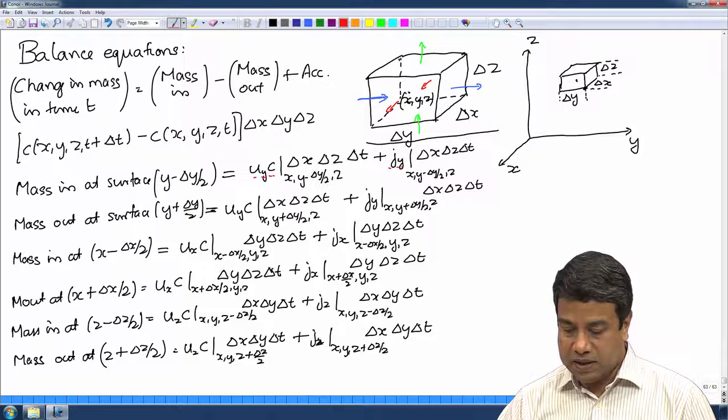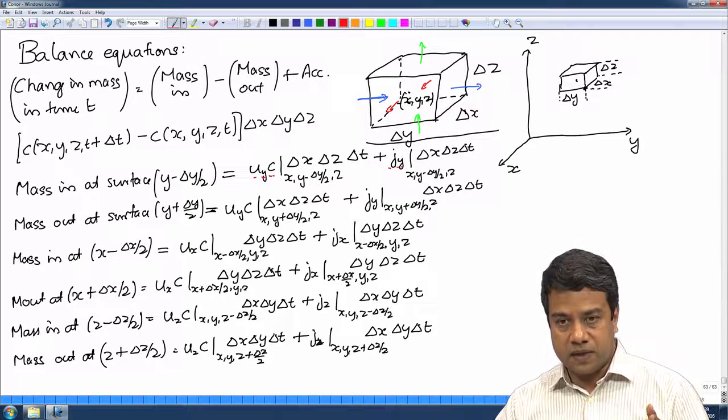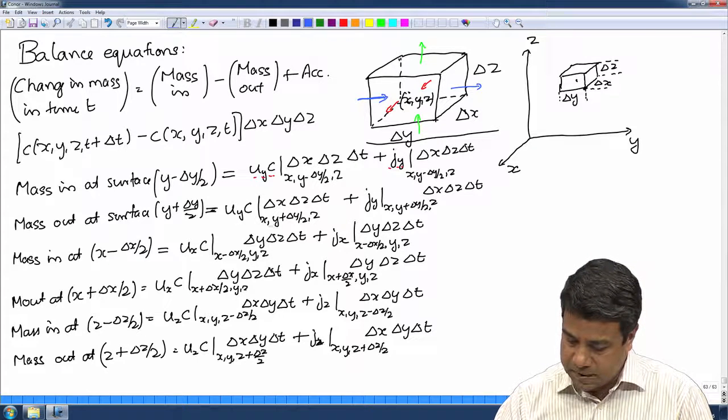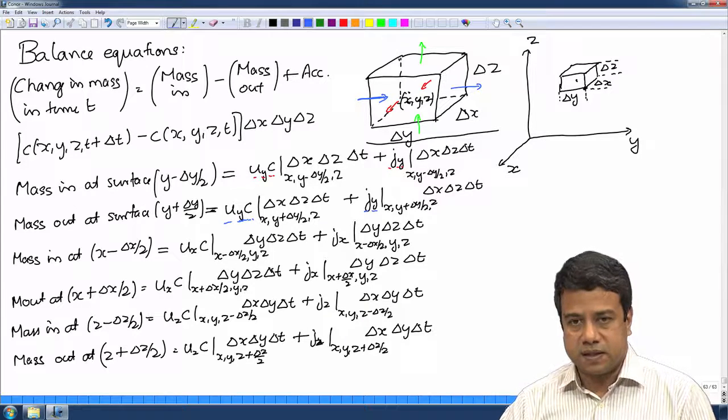Mass in is the value at x minus delta x by 2, mass out is the value at x plus delta x by 2. The surface areas in both of these cases are the same.